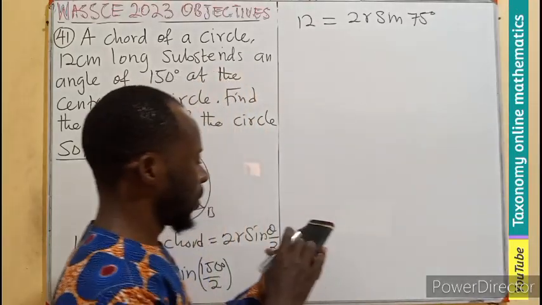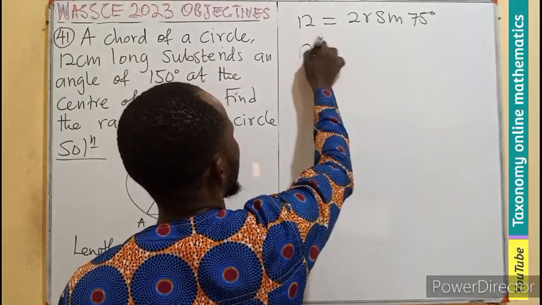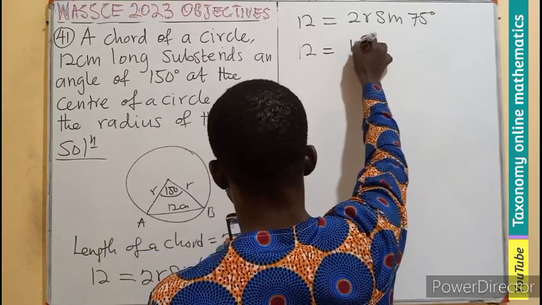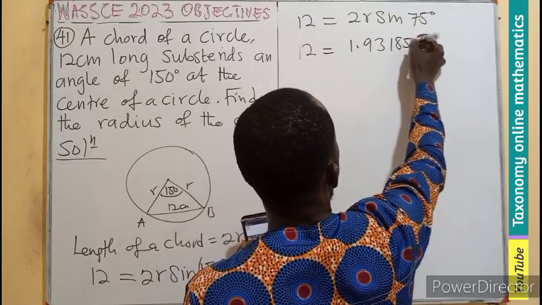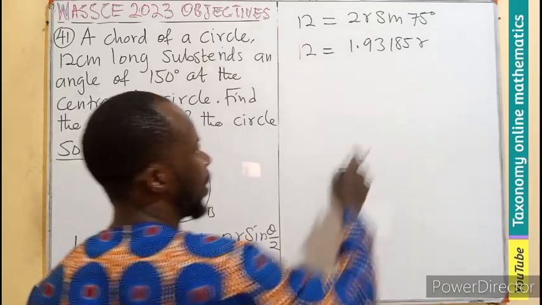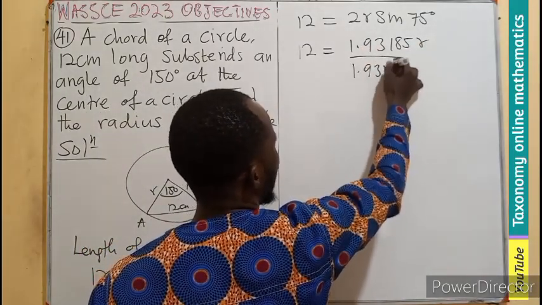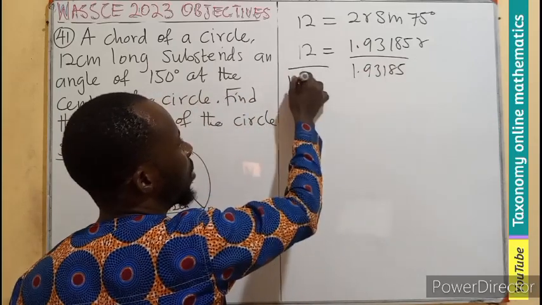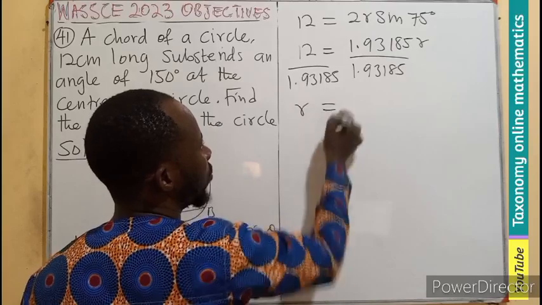So this is going to be 12 equals 1.93185 R. Let's leave it in 5 decimal places. Now we are looking for R, so we divide by 1.93185.